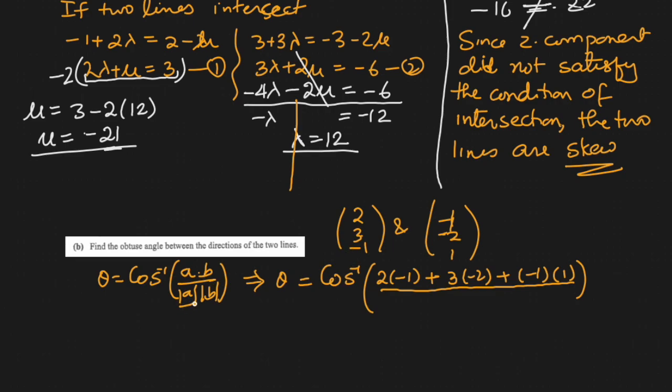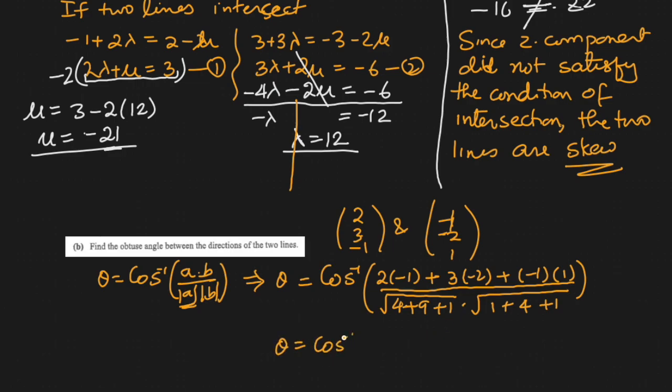Now I need the magnitude of the first one, which will be 2 square 4, 3 square 9 and minus 1 square 1, multiplied by minus 1 square 1, minus 2 square 4 and then 1. If you can put the whole of it into your calculator, good.